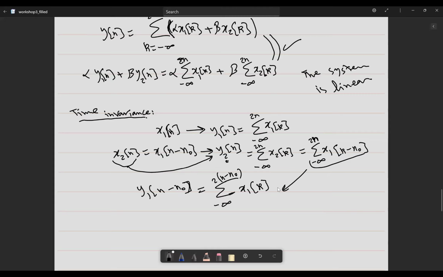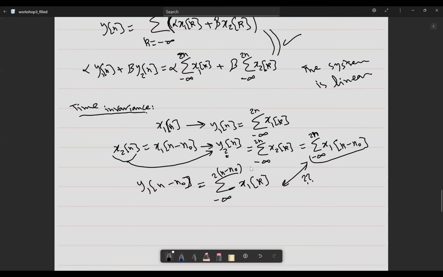Are those the same? No, they don't look the same. Yeah, that's correct. They are not the same.